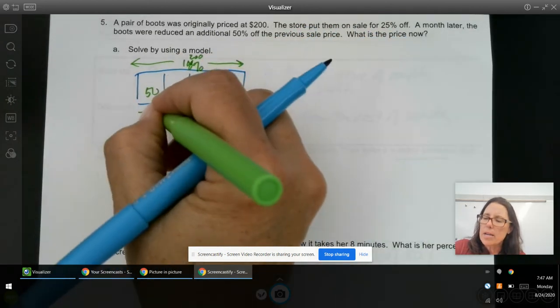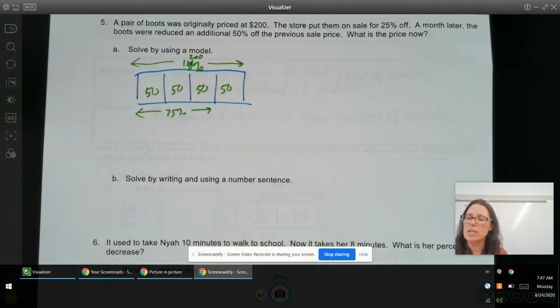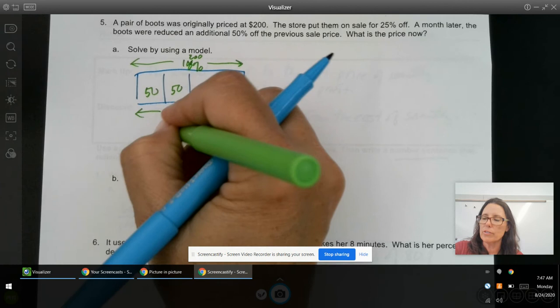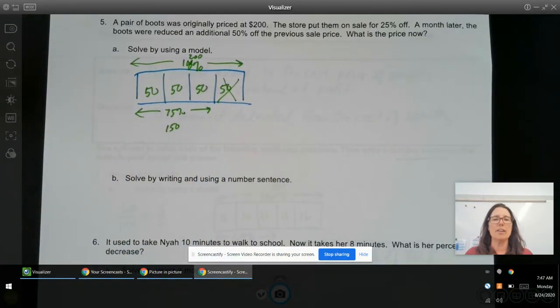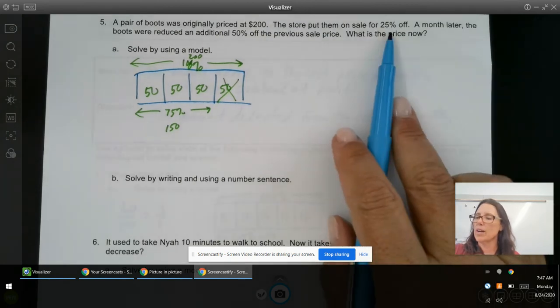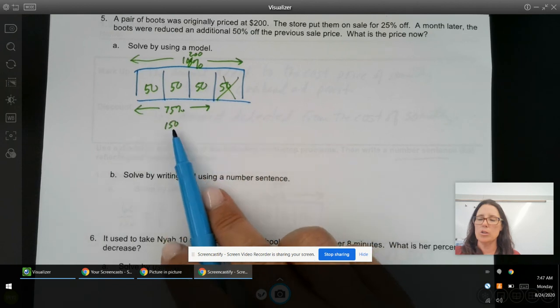Well, doesn't it make sense that 75% would be 3 of these boxes, which is 150, if I'm taking off 25%? If something goes on sale for 25% off, chuck that off. So 150 is our sale price after the first discount.